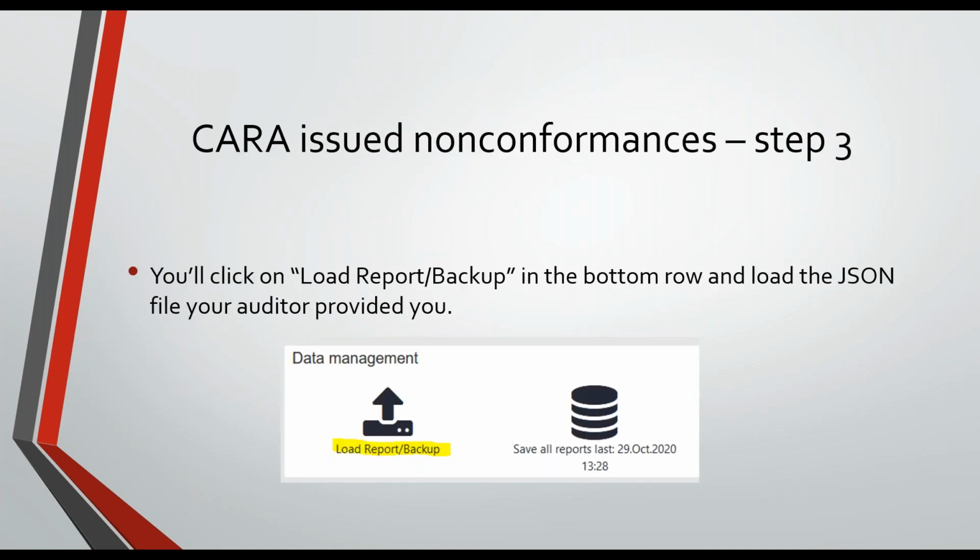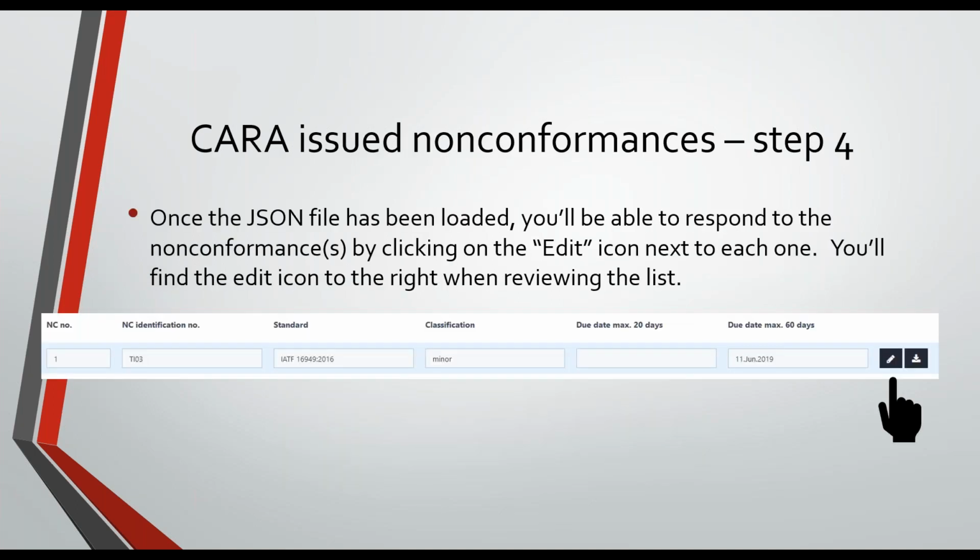Once you're on that website, you'll click on the Load Report or Backup button on the bottom row, and you'll load the JSON file that the auditor sent you. Once it's been loaded, you'll be able to respond to the nonconformances by clicking on the Edit icon. I've got the Edit icon highlighted here on the right-hand side. It looks a little bit like a pencil.